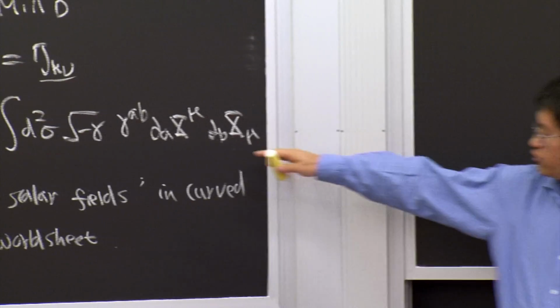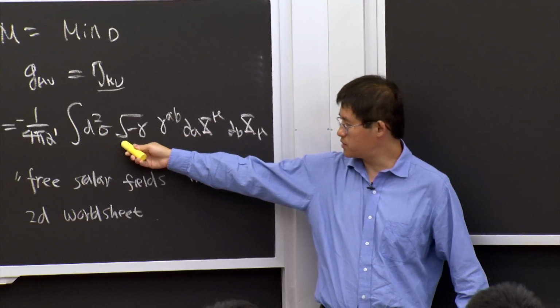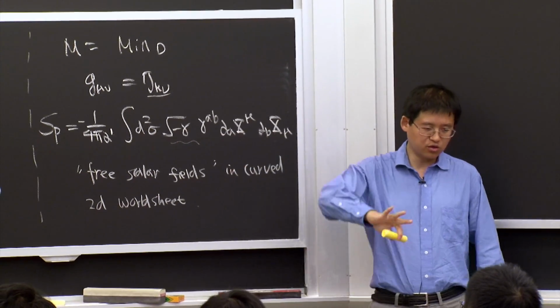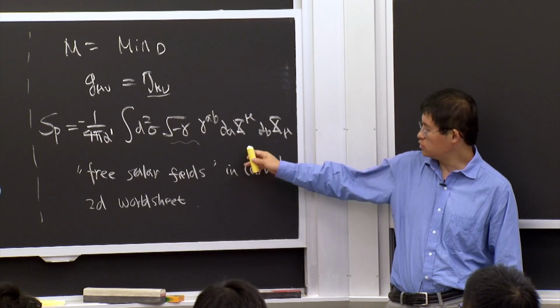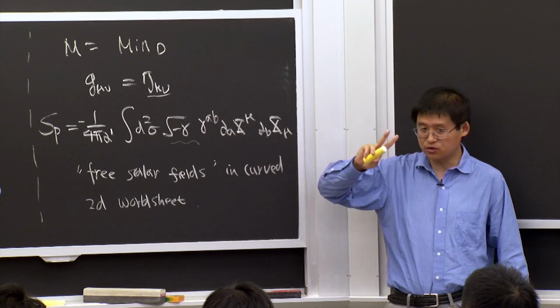So this is just like a free scalar field theory in 2D curved space-time, but there are two unusual things.